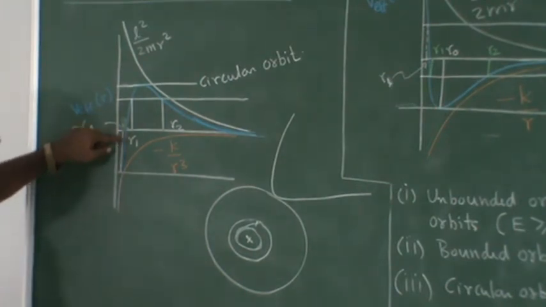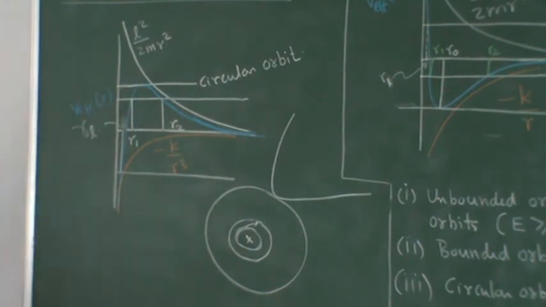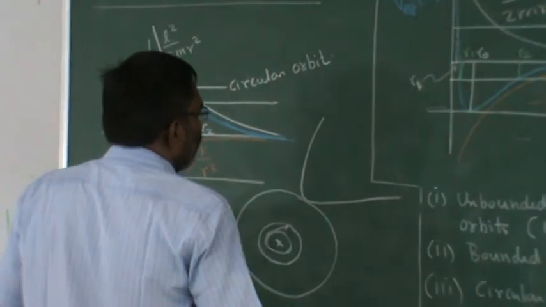But if R is more than this, V effective is more than the energy. So R cannot be more than that at all. No R more than that is possible. So it is again a bounded system. You have a circle of radius R_L, and inside that the motion is bounded. There is like an infinite barrier. Okay, so this is the classification of these orbits.